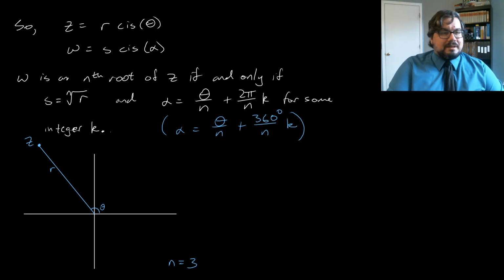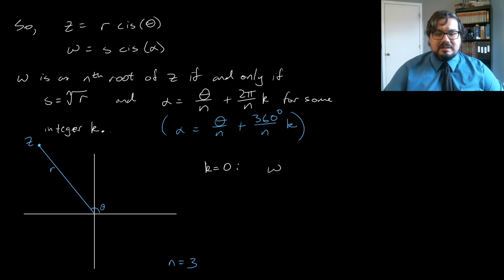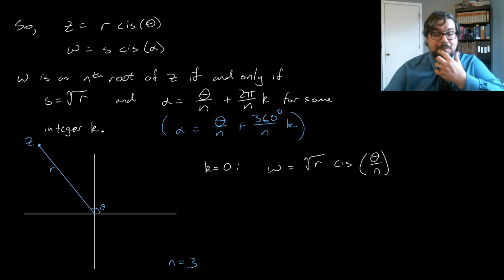Let's look at the various roots given by this w here. So when k is equal to 0, let's start there, w will equal the nth root of r times cis of just theta over n, which in this case is 3.